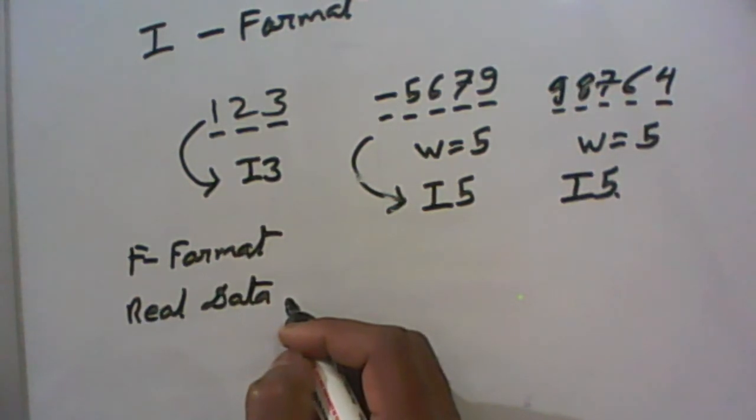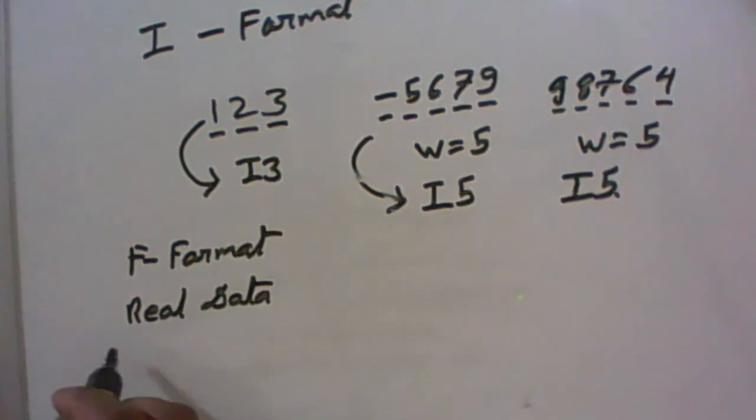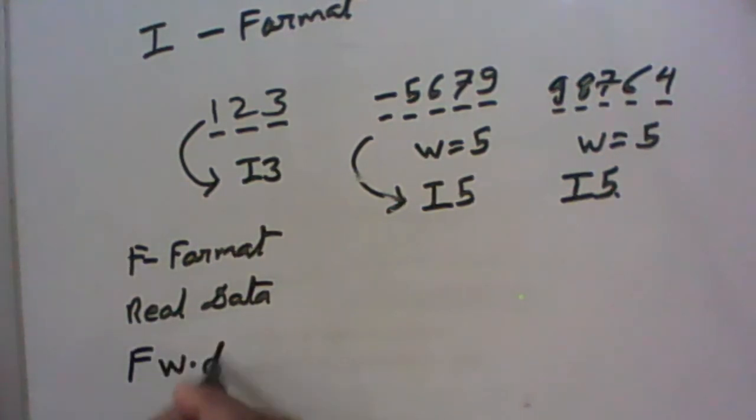So the general form of this format is Fw.d.